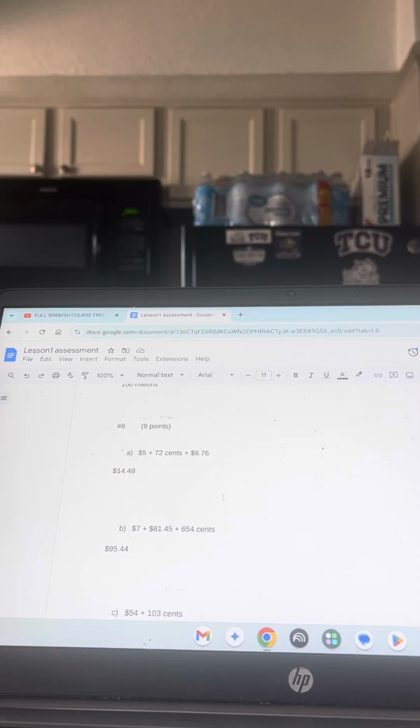So you got $5 plus $8.76 plus $0.72. Let's see if you got it correct. 8 plus 5 would be 13, 14.48. That's correct. You got full credit on part A. You got 3 points for that one.